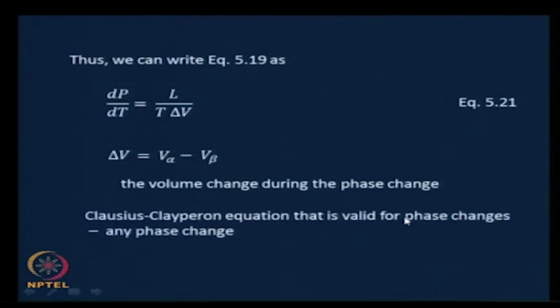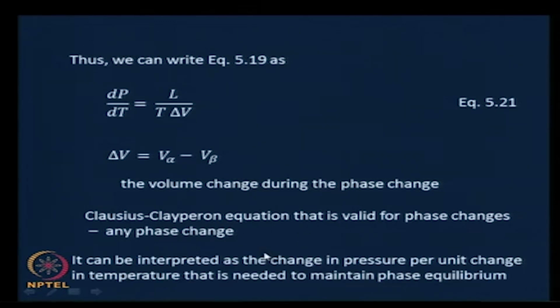This equation is called the Clausius Clapeyron equation, and this is valid for phase changes as we had seen, because those were the conditions under which we derived it. We had assumed equilibrium conditions for a phase change and reversible conditions for a phase change and derived this, and this is valid for any phase change.